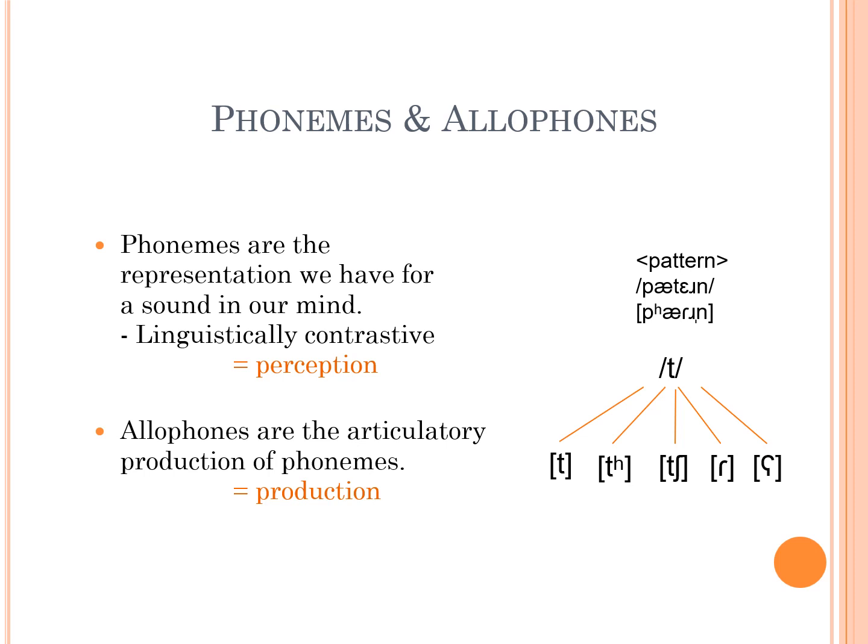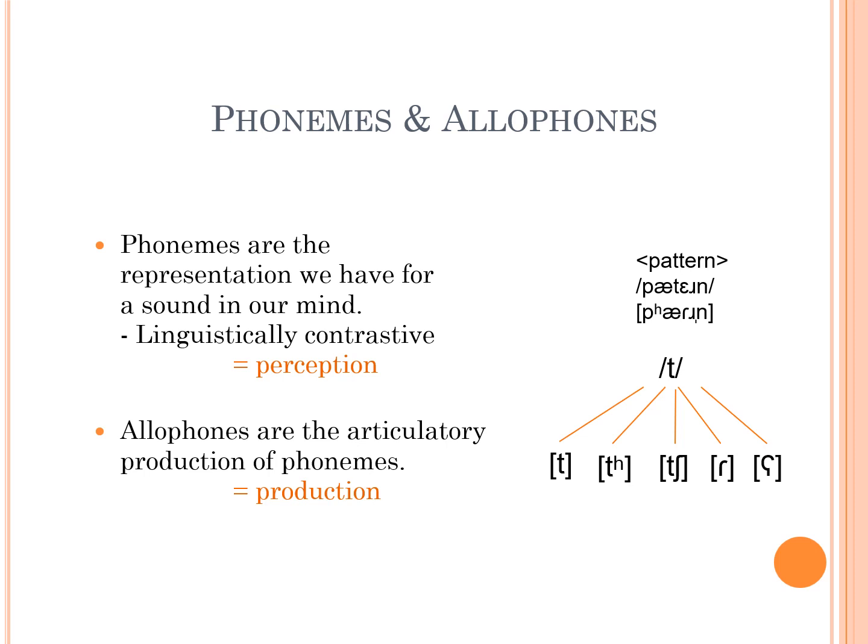That's what that second t, as in top, is denoting: it has this aspiration to it. The next allophone over is ch. We'll see sometimes t sounds like, or we're creating it like we would create a ch, but we still hear it as t. And same with the flap, as in pattern, and then the glottal stop there at the end.